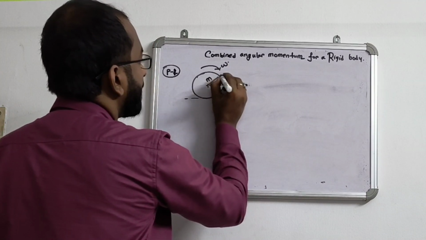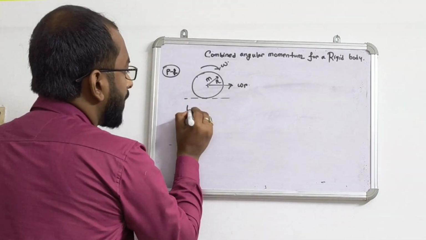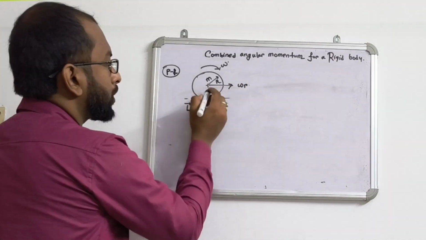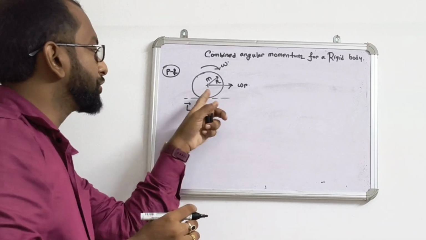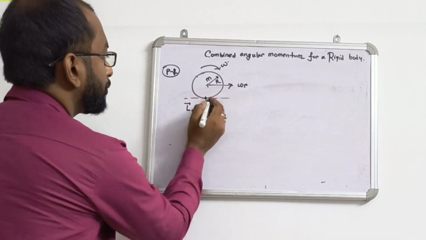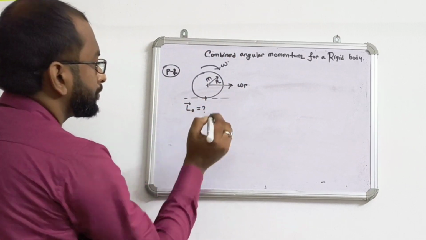The mass is m, radius is r. What is going to be the angular momentum with respect to the point where instantly it is touching the ground? So with respect to this point, I have to find out the angular momentum.